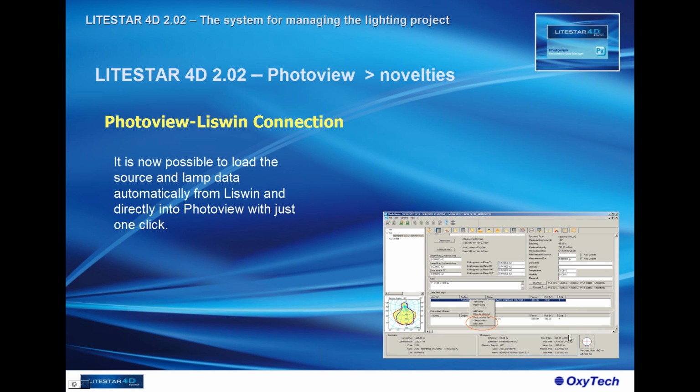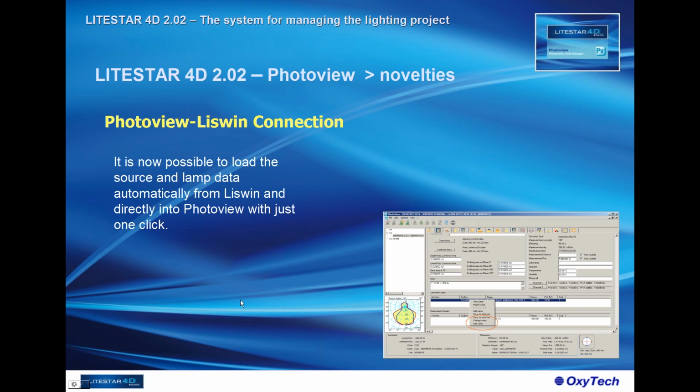So for example, if you drag and drop, for example, a ulum.dat file onto Photoview, the photometry will be open, but if you want to change the lamp and use data coming directly from the manufacturers, you can select Change Lamp.